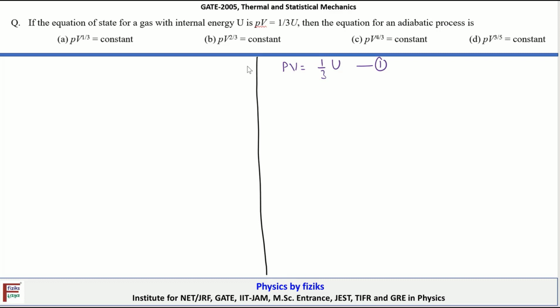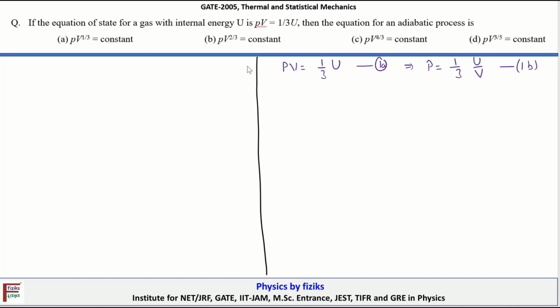Because this is given to be an adiabatic process, that means we can write dq equal to 0. So let me first rewrite the equation of state, that is pressure equal to 1/3 of energy density. Let me call this 1b and this 1a.